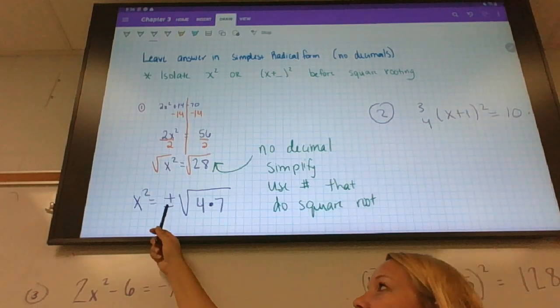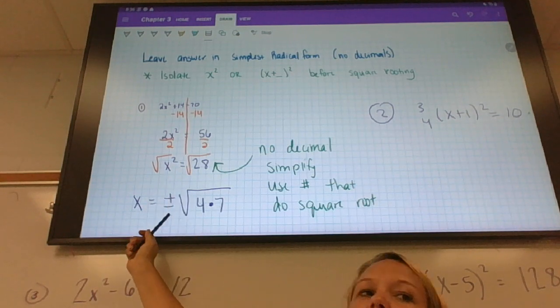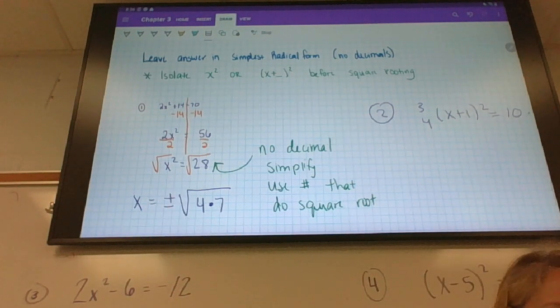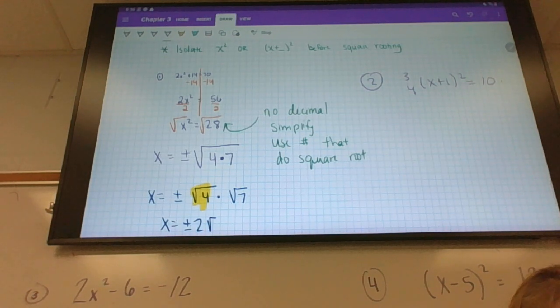Notice I put a plus or minus sign in. As soon as you square root, put a plus or minus sign in. Okay, so this is the same as the square root of 4 times the square root of 7. And we do know the square root of 4. The square root of 4 is 2. So the answer we're looking for is 2 square root 7.